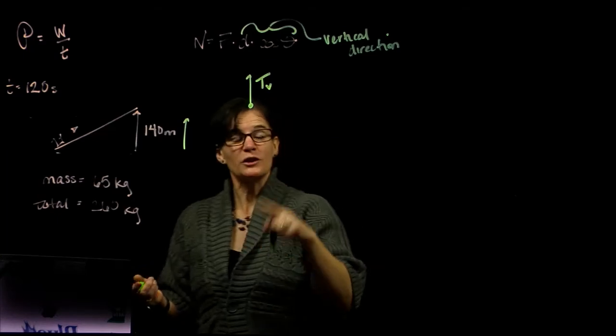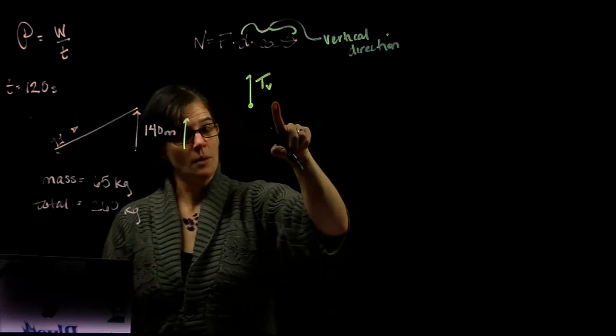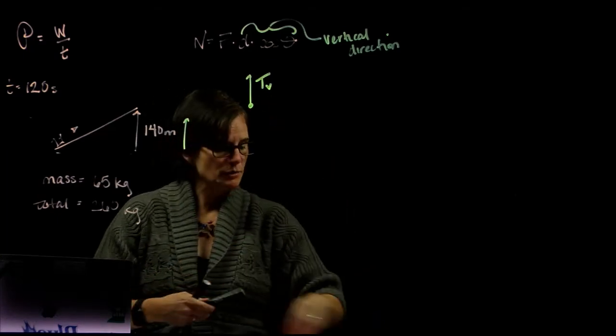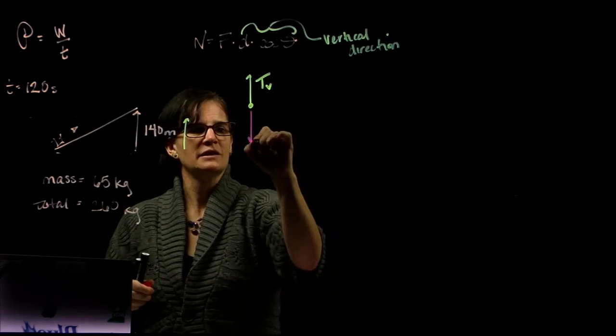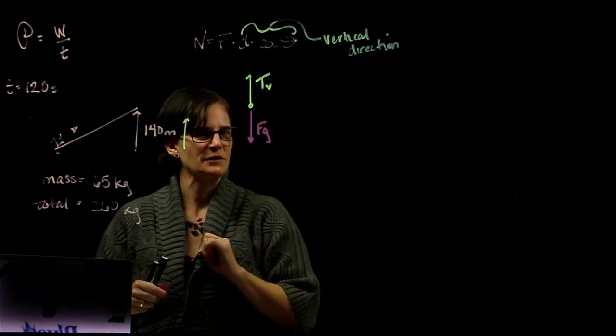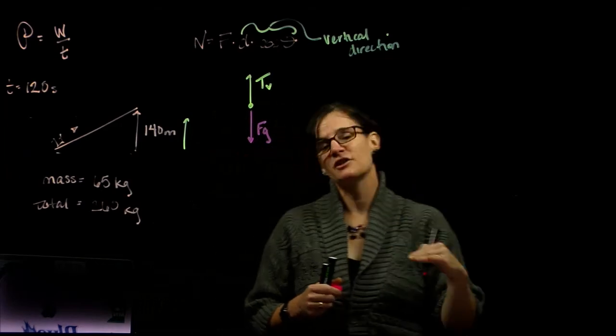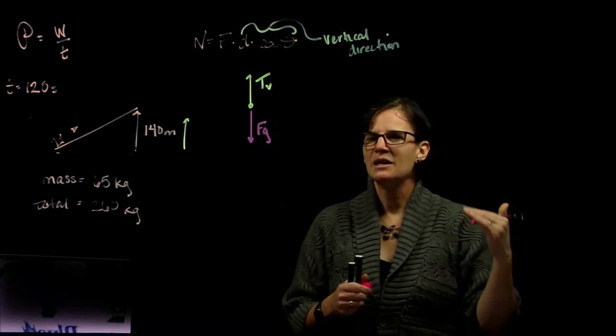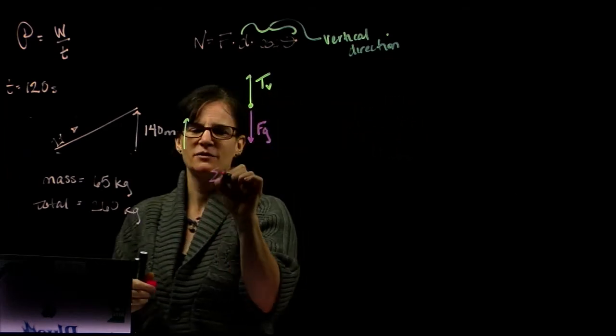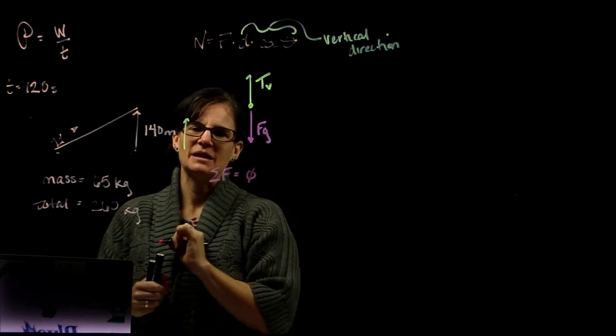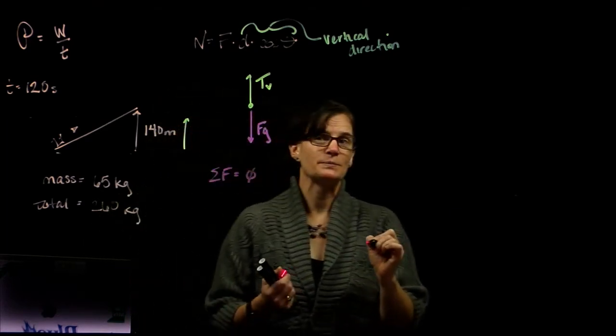So in the vertical direction we have the vertical component of the tension, and we also have the force of gravity on those skiers. Now, it tells us that that tow rope is raising those skiers at a steady rate. So if there's a steady rate, the sum of the forces has to be equal to 0 because the acceleration is 0.